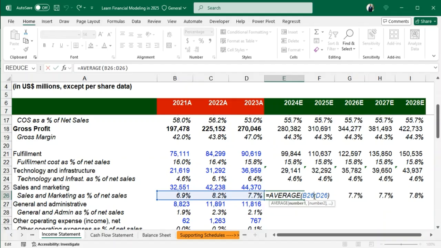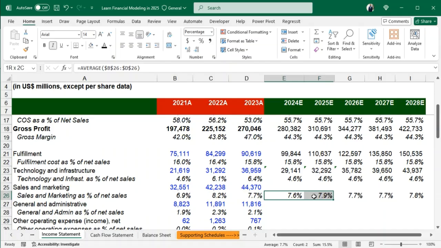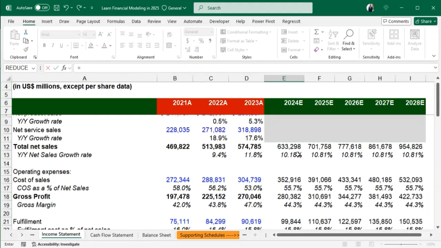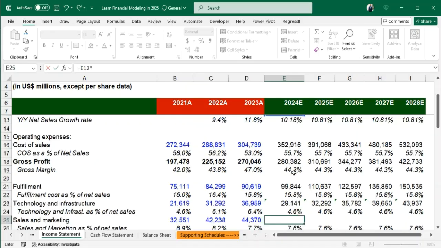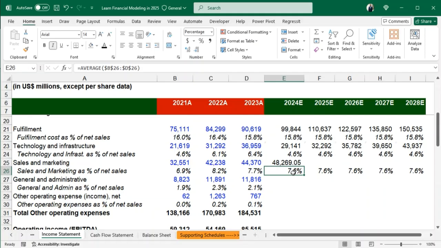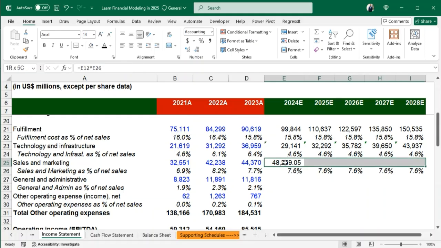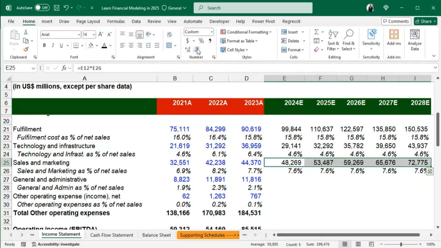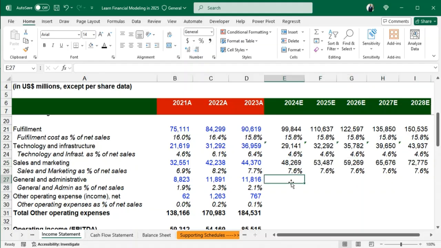So we are going to anchor this using F4. So, and also this one, anchor using hit enter before copying to the right using Control R. All right, so with that we can have this total revenue multiplied by our projected percentage there, and then copy it to the right using Control R, and also reduce the percentage to 0 decimal places.